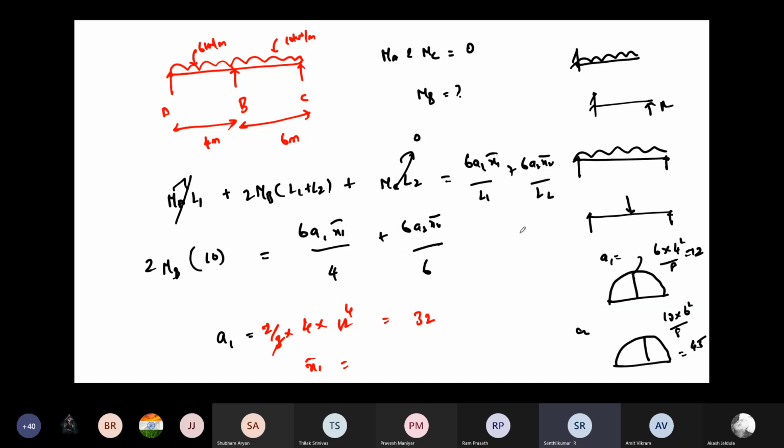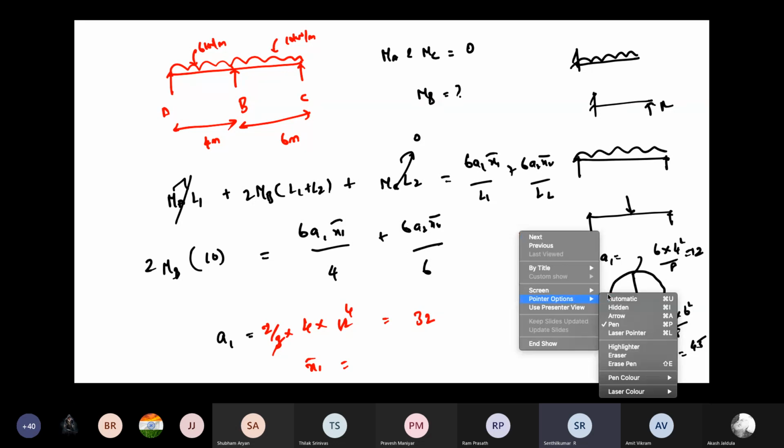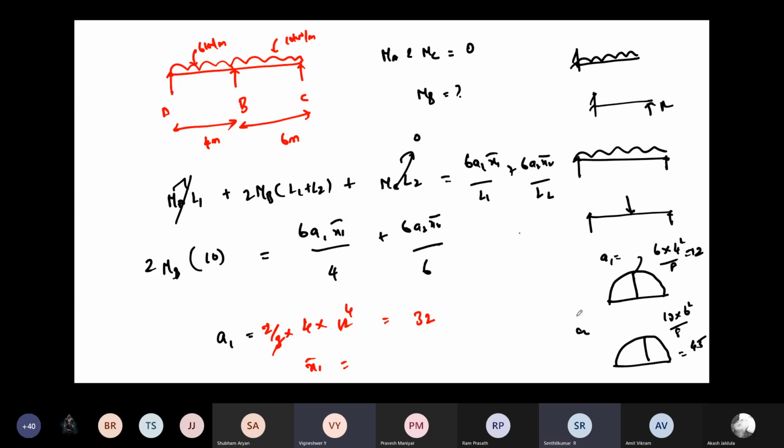So what about your X1 bar? What is your X1 for parabola? Symmetrical, right? Exactly, it is symmetrical. So X bar will be your L by 2. X1 bar will be your L1 by 2, so 4 by 2 equal to 2. So A1 and X1 you know.